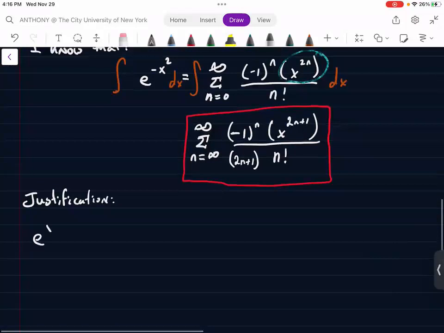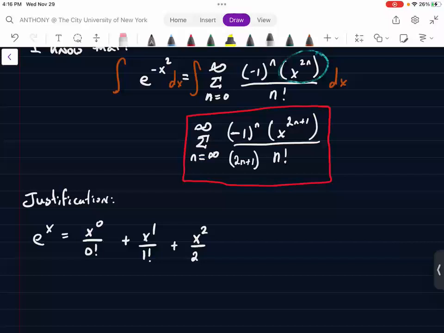So if you want to write out the sum term by term, the first term would have been x to the 0 over 0 factorial, which, by the way, is just 1, plus x to the first over 1 factorial, which is just x. Then you would have got x squared over 2 factorial, which is x squared over 2, plus yada yada yada, x to the n over n factorial.